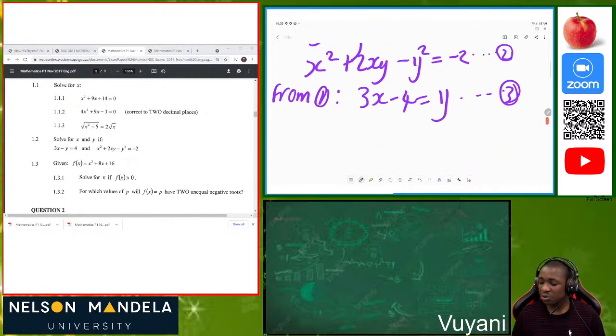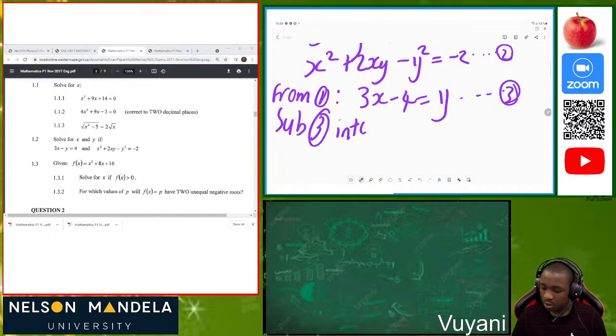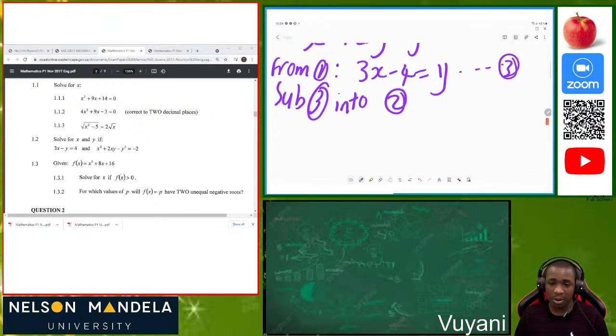Now we have to substitute our equation number 3 into equation number 2, so that this is easy for you. So wherever we see y, don't worry yourself, place that equation 3. So let's write this in more English. We say substitute equation number 3 into equation number 2. Wherever we see y, we place our equation here.